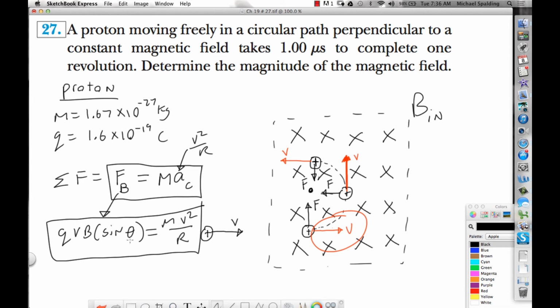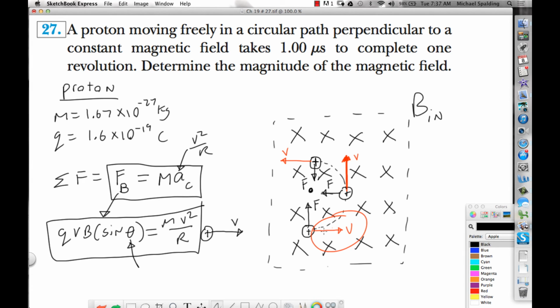What's the theta here? The theta is the angle between the velocity and the magnetic field. When it first enters the field, the velocity is to the right and the magnetic field is in.